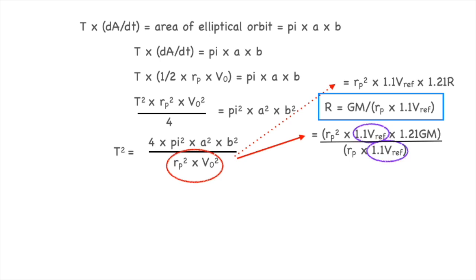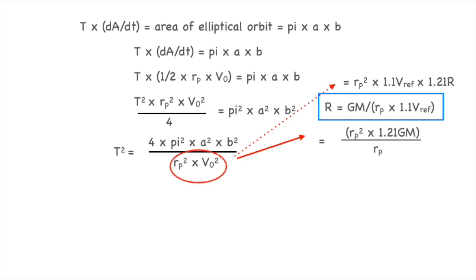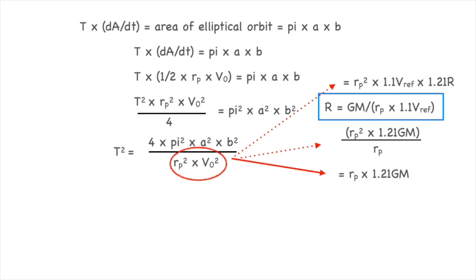But there is a 1.1 times v reference in both the numerator and the denominator, so they will cancel out. And if we also divide r sub p squared in the numerator by r sub p in the denominator, r sub p will disappear entirely, and we will be left with r sub p times 1.21 GM.